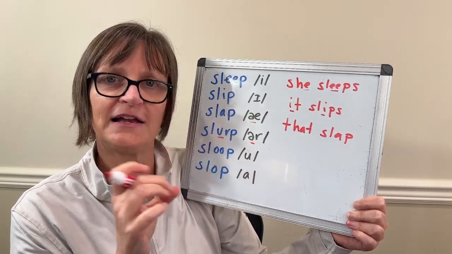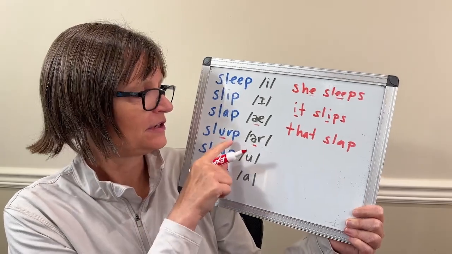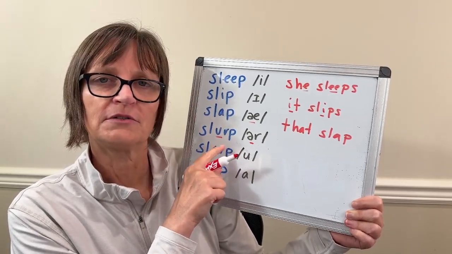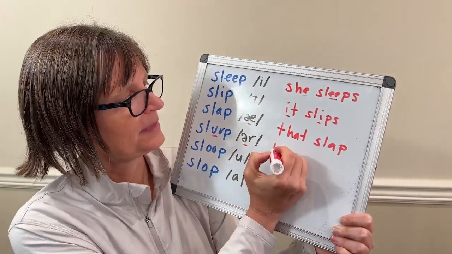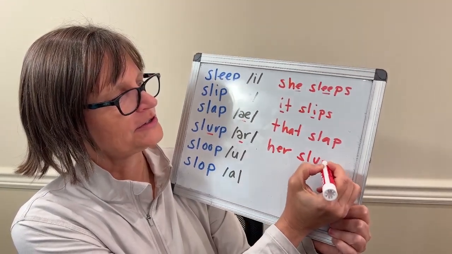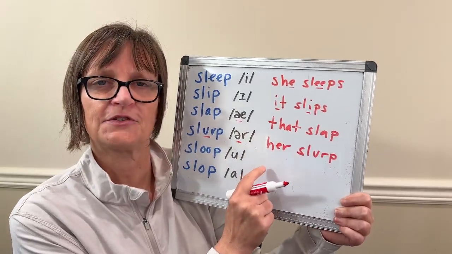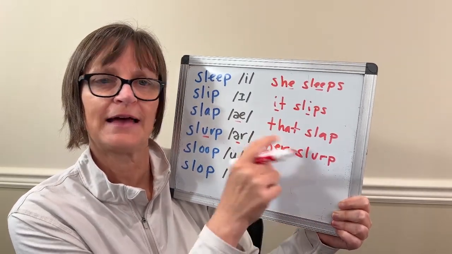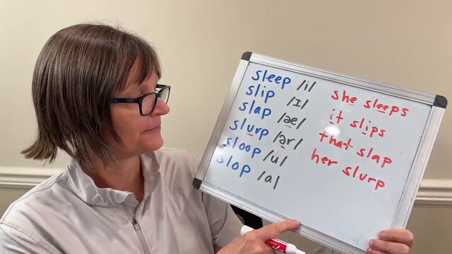So I'm not sliding, there's no diphthong here, it's just the sound. So build it from slur, slurp. You could pair it with a word like her, which also has the vowel. Her slurp. So we have that slap versus her slurp. A and the R vowel is the difference in the contrast there.